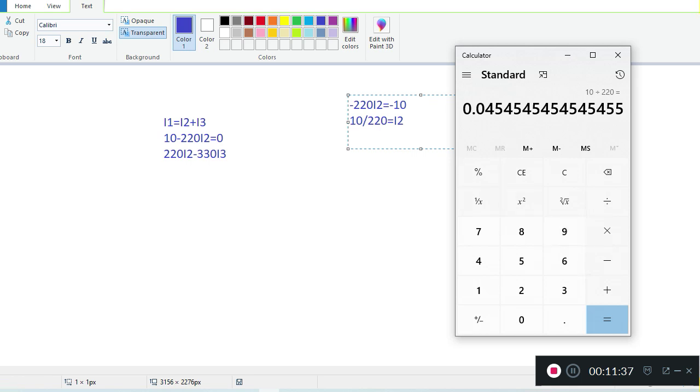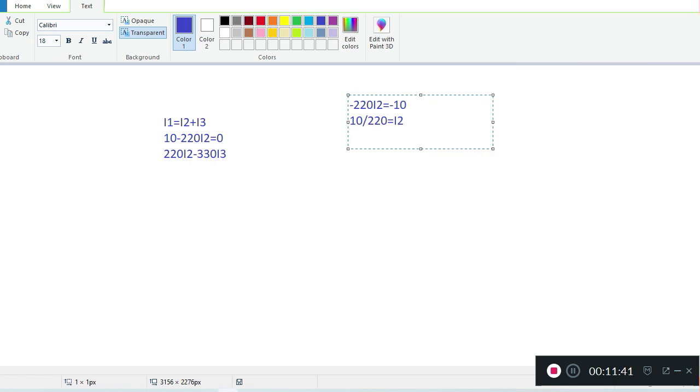So that means that I2 is equal to 0.04545.